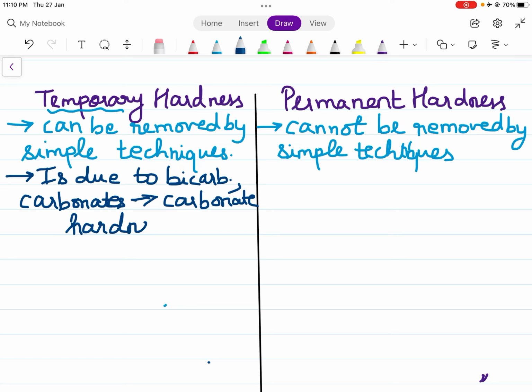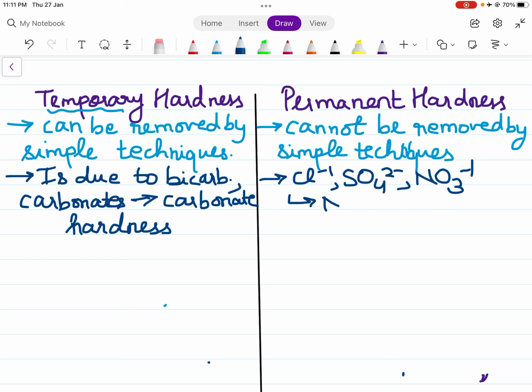We also have hydroxides, but in most cases it is bicarbonates and carbonates. Whereas permanent hardness is because of chlorides, sulfates, nitrates. So this is a non-carbonate hardness. Agreed? So we understood the first point and the second point. Let's see the third point.